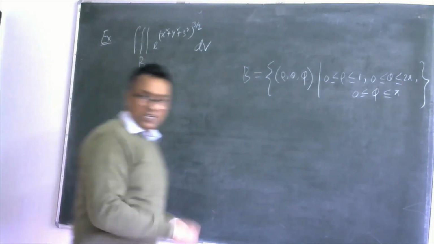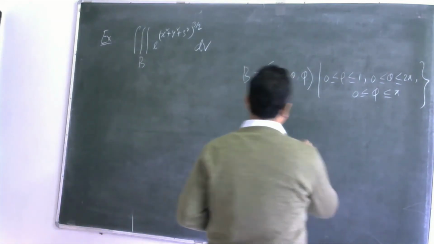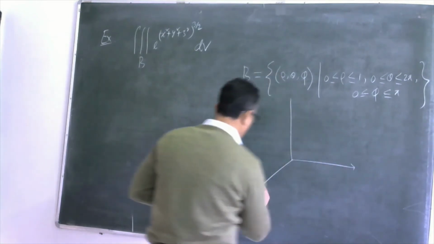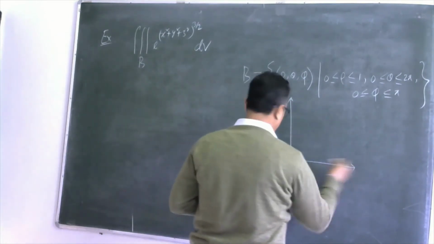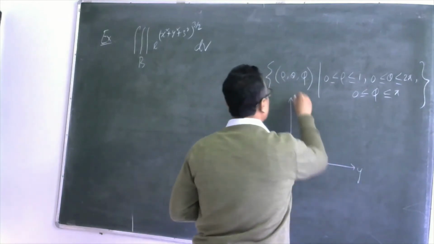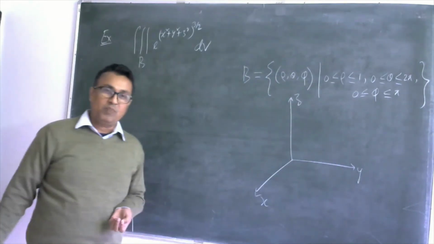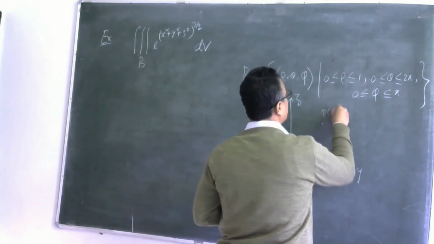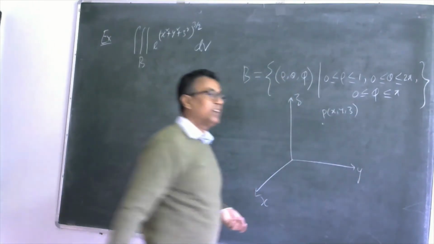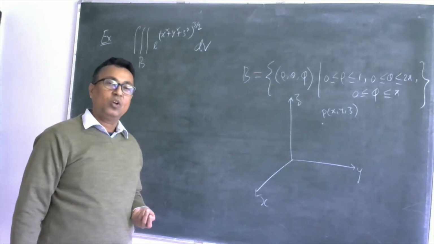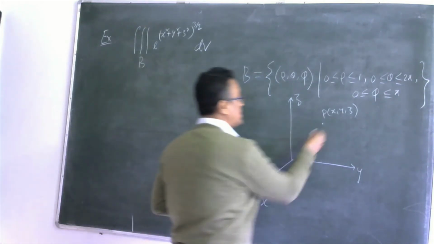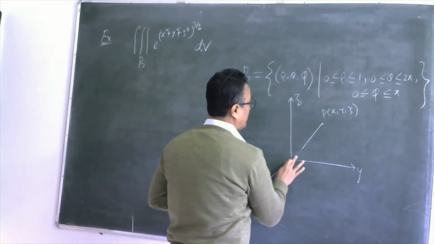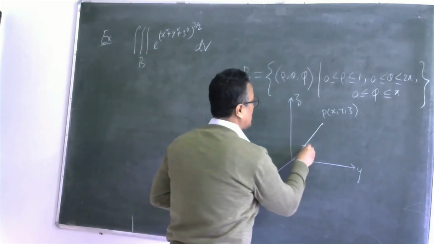Let me give you a quick recall of what we did in spherical polar coordinates. Suppose I consider the XYZ plane, and a point in space which lies on the surface of a sphere of radius rho.